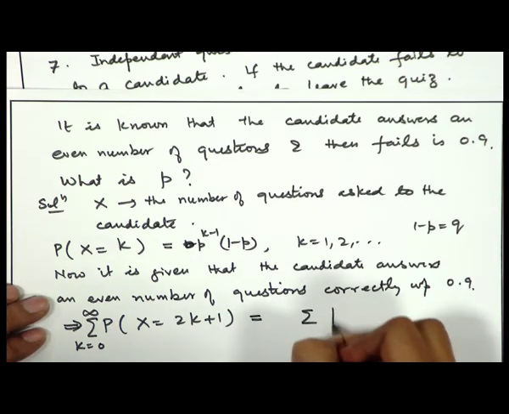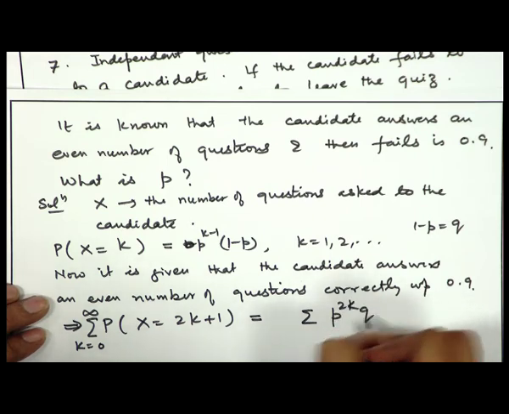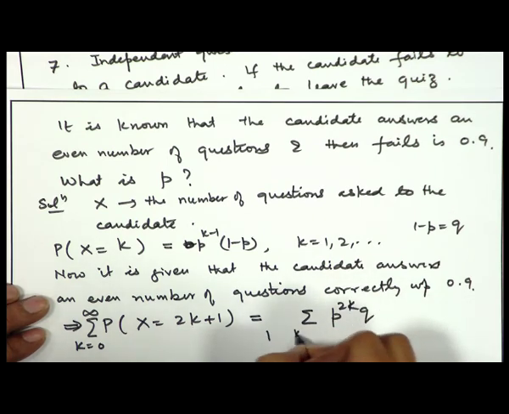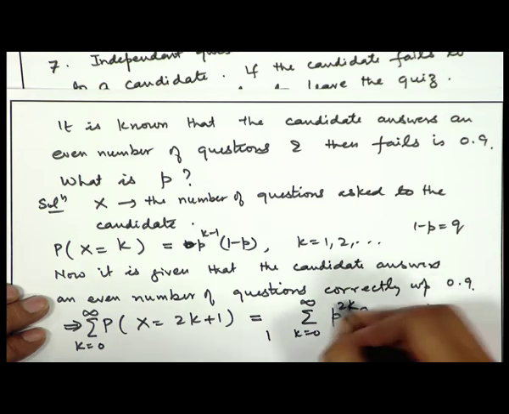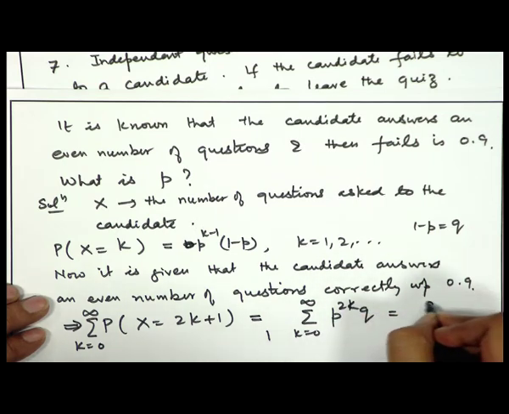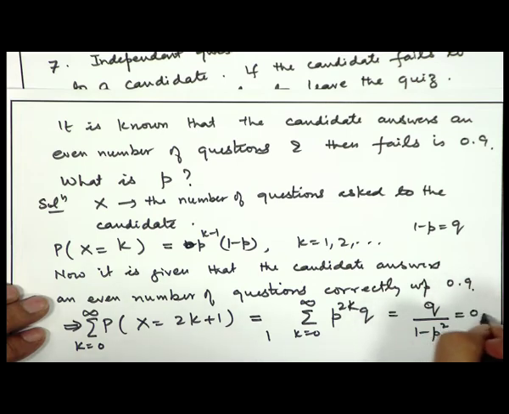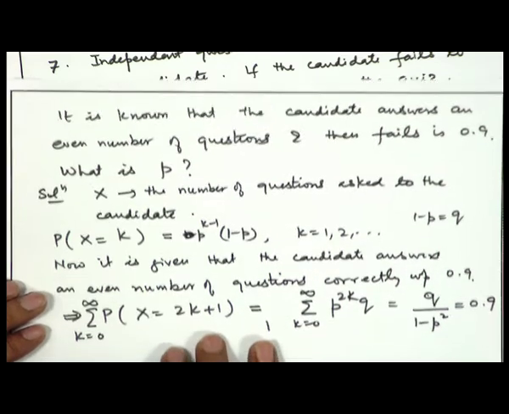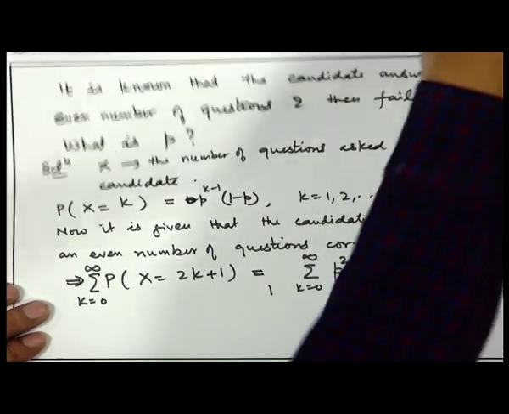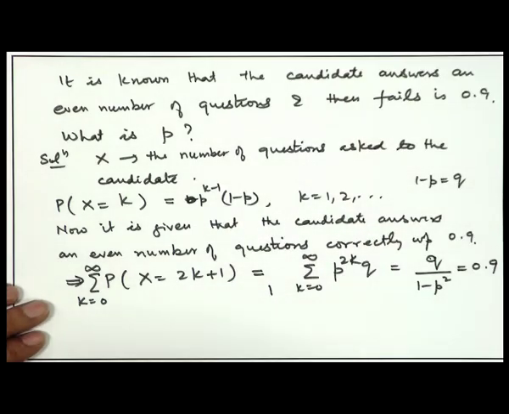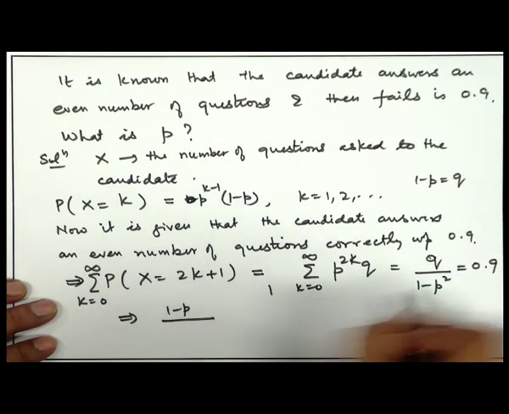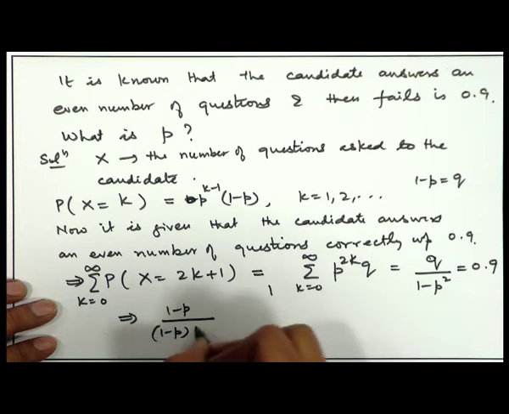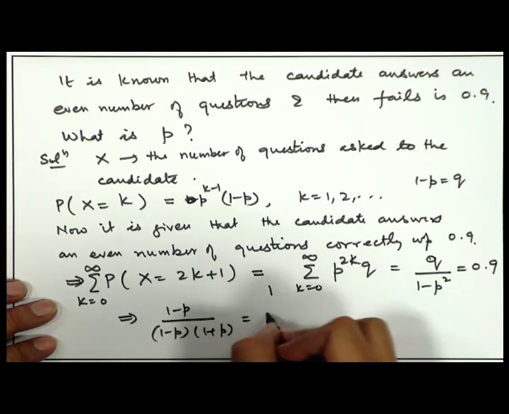Now, this is equal to the sum of p to the power 2k into q, k equal to 0 to infinity, now this is nothing but an infinite geometric series. The sum is q divided by 1 minus p square, that is given to be 0.9. So, we can easily solve this equation, because this is nothing but 1 minus p divided by (1 minus p) into (1 plus p), that is equal to 0.9.